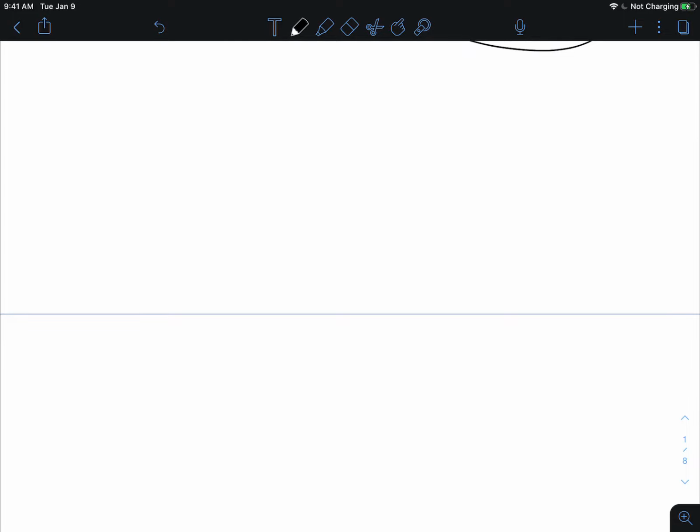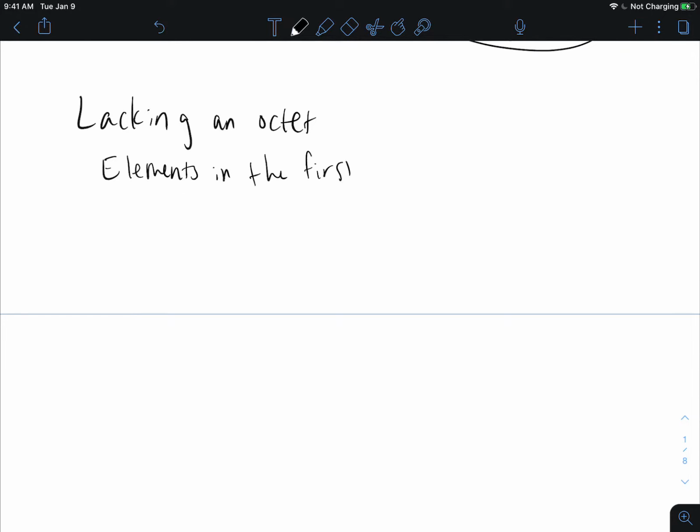Next exception is when we're going to be lacking an octet. So we have fewer than 8 electrons. So this is going to be things that are either in the first period or the first part of our second period. So elements from the first period.